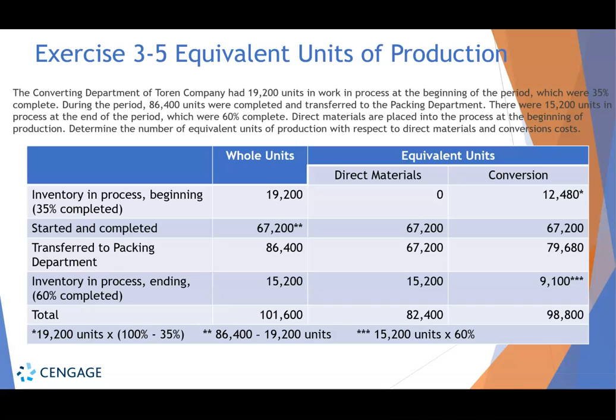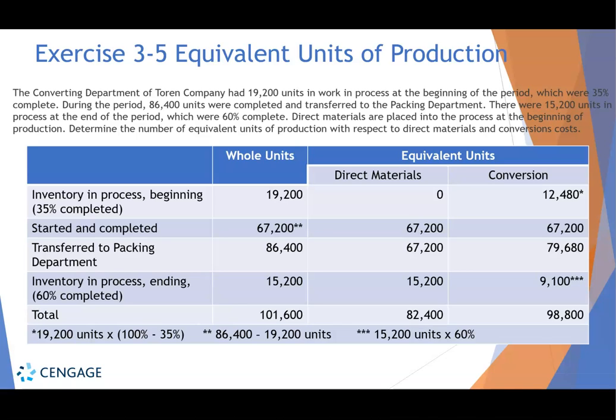In terms of conversion costs, we would add the amount that happened during the month, the 12,480 for the beginning in process, plus the 67,200 units, which gives us 79,680 units in terms of conversion costs, and equivalent units for direct materials is the 67,200.